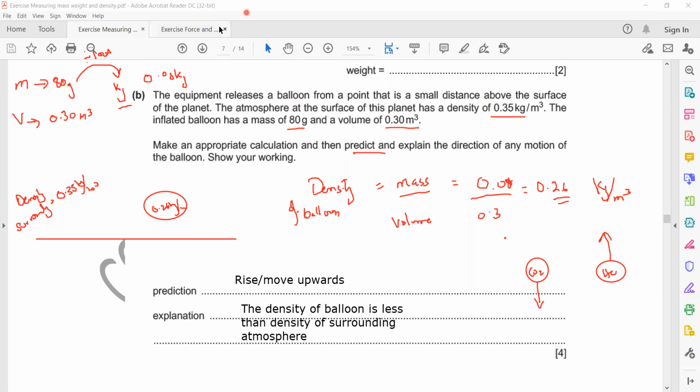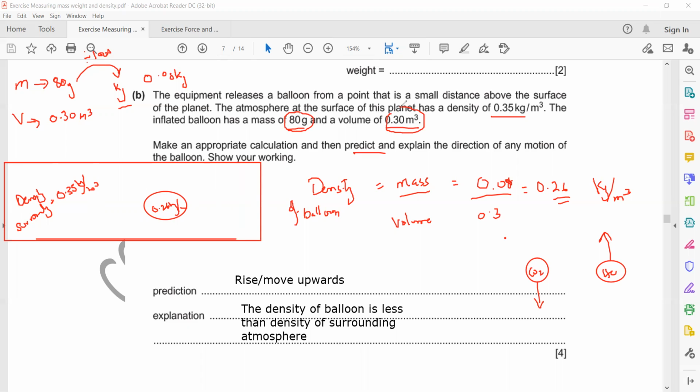So the density of this whole atmosphere on the planet is 0.35. And on this planet, we release a balloon which has a mass of 80 gram and a volume of 0.3. So basically, how can we predict whether the balloon will rise or sink, depending on the density of the balloon.